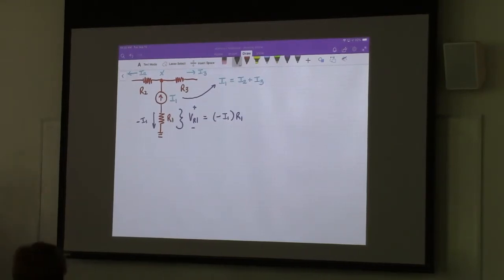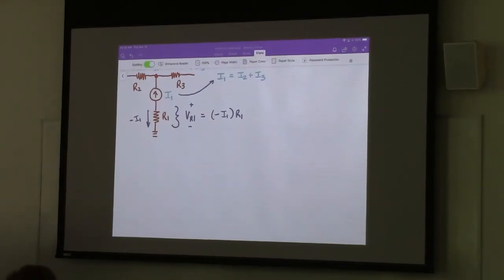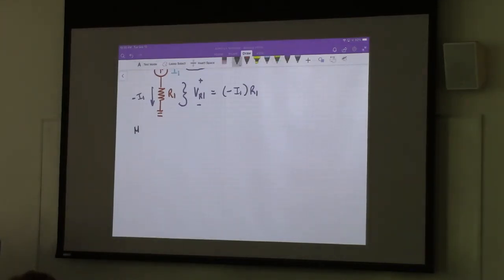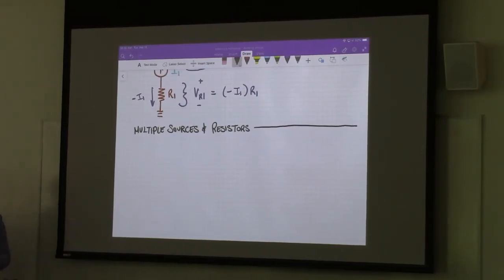All right, so let's take a look at a network where we have multiple sources and resistors.